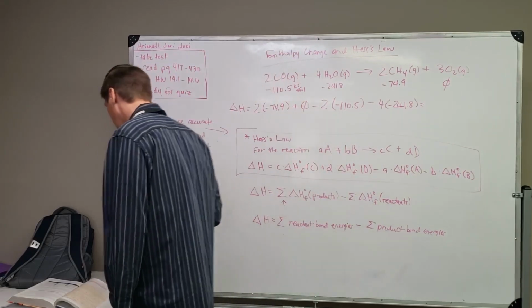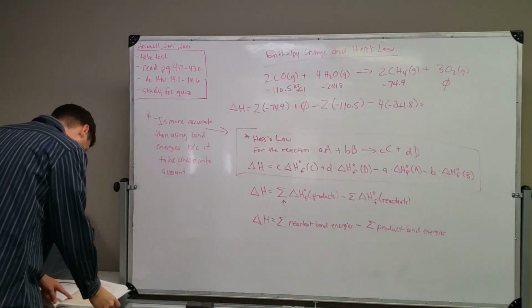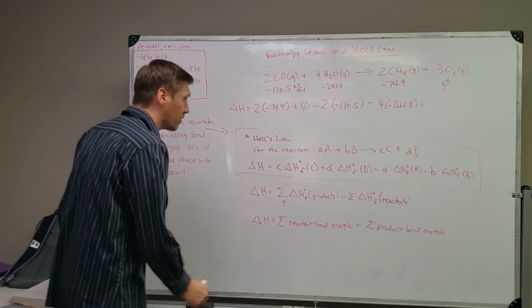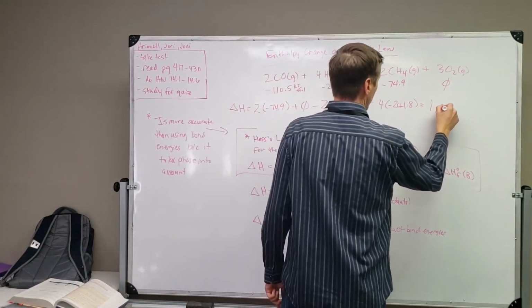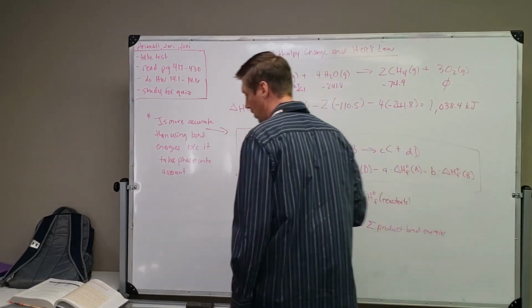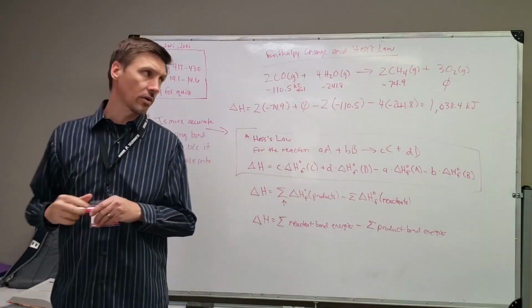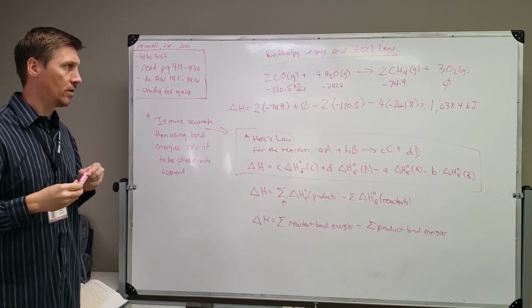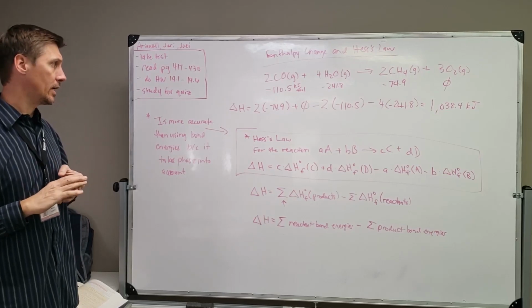So we punch all of that in our calculator, and we get a value of 1,038.4 kilojoules. Endothermic or exothermic? It's endothermic because it has a positive sign, not a negative sign.